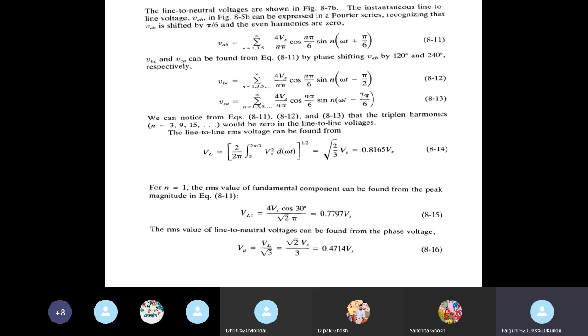VBC and VCA can be found from the above equation, and they are 120 degrees shifted. That means the angle should be changed by minus pi by 2 and minus 7 pi by 6, because they are shifted by pi by 3.